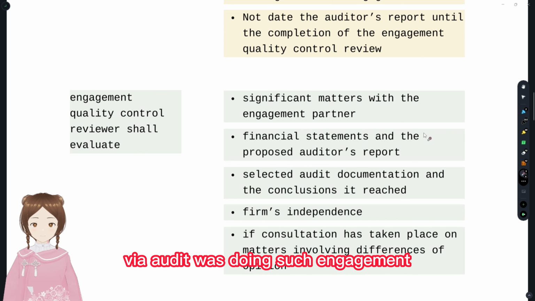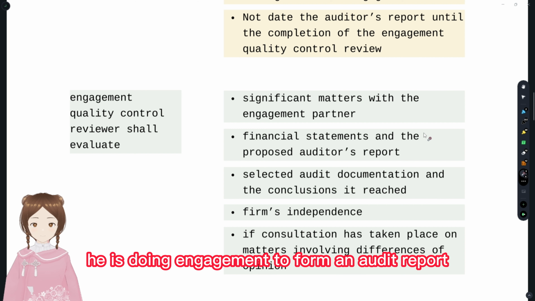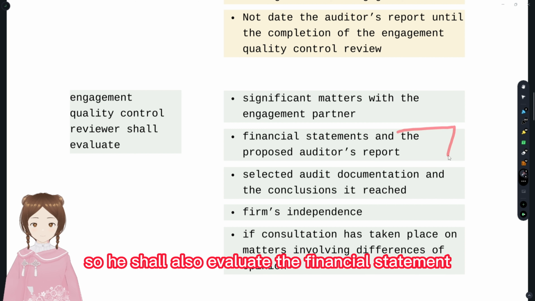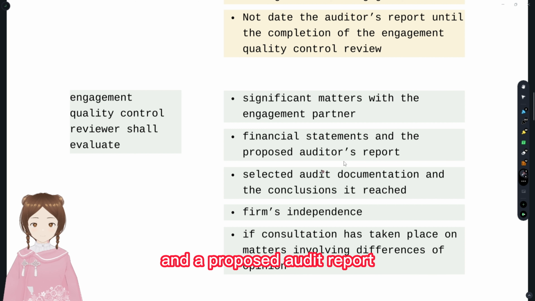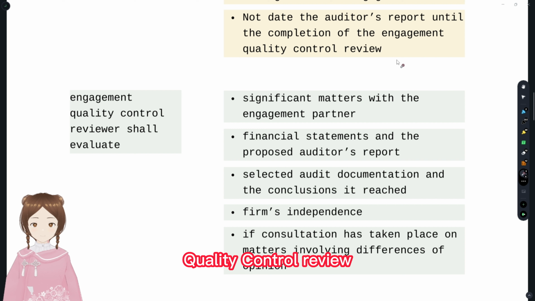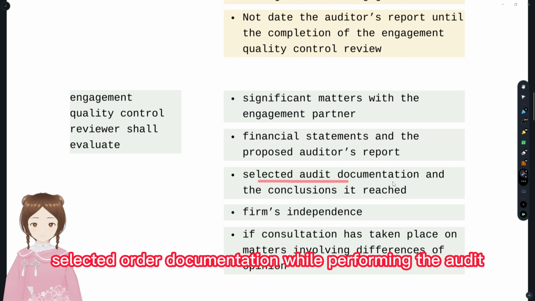Why is the auditor doing such an engagement? He's doing the engagement to form an audit report on the financial statements of the entity. So he shall also evaluate the financial statements and the proposed audit report. Please write 'proposed' here, because he should not issue the audit report until completion of the engagement quality control review. And selected audit documentation.